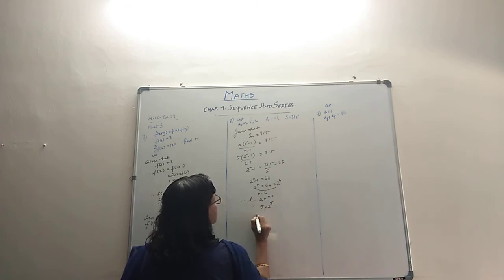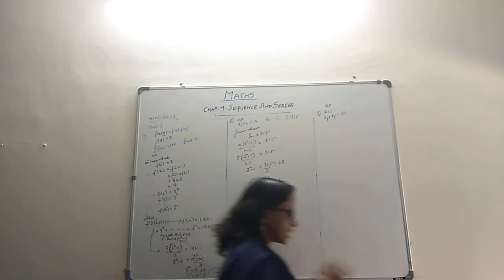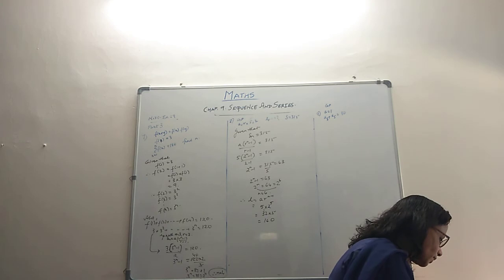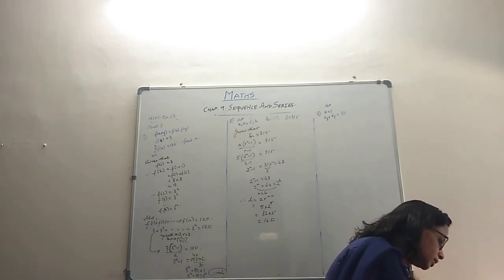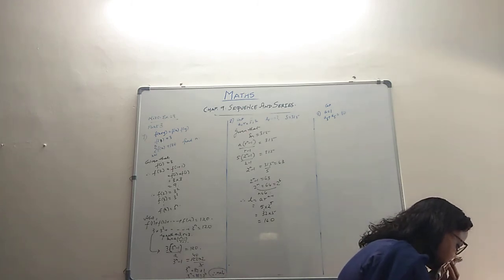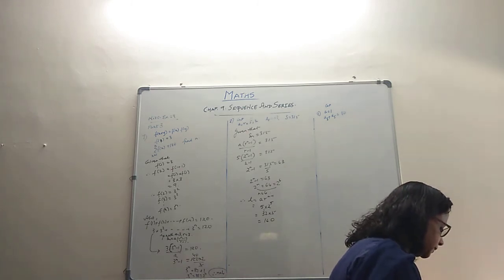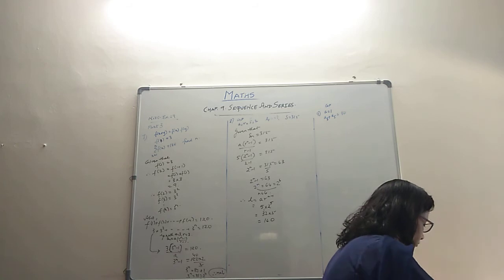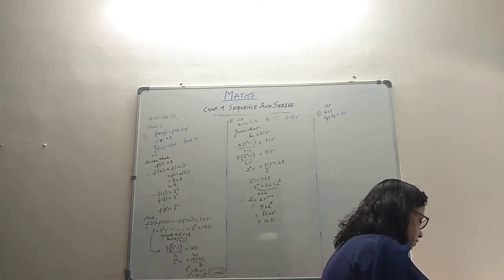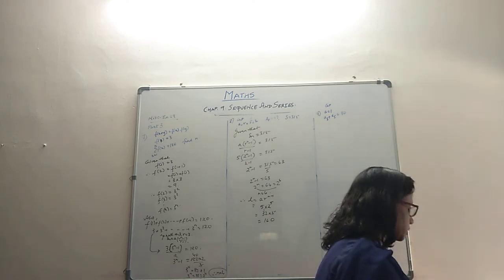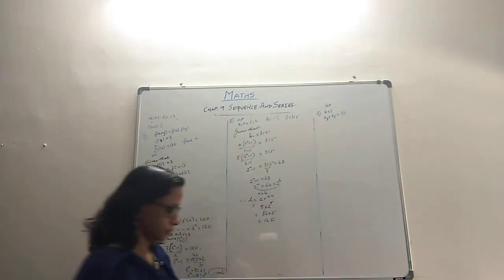And n minus 1 is 5, so it's 32 into 5. Quick check. Yes.